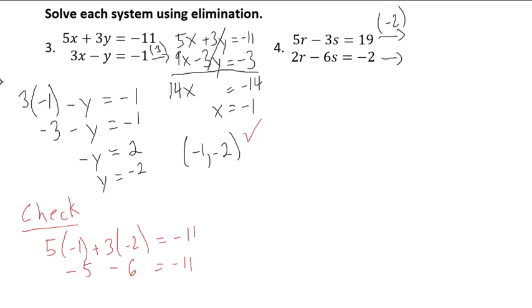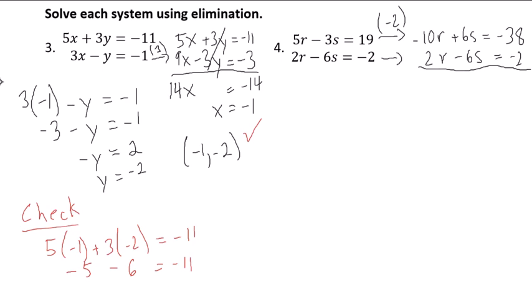The second equation, we're just going to leave exactly how it is. So we get negative 10r plus 6s equals negative 38. And 2r minus 6s equals negative 2.